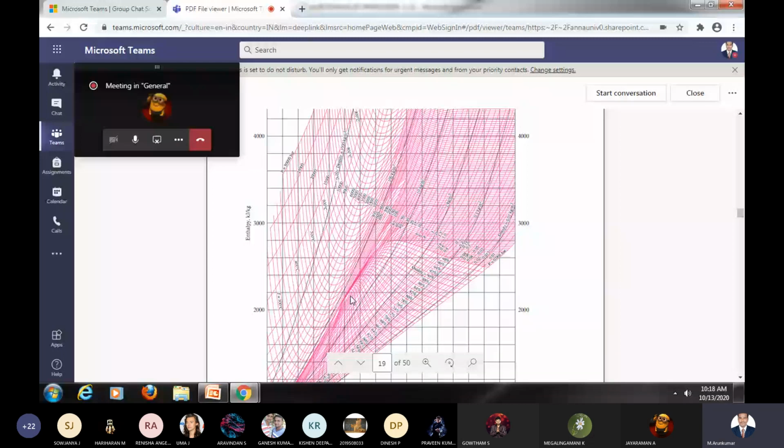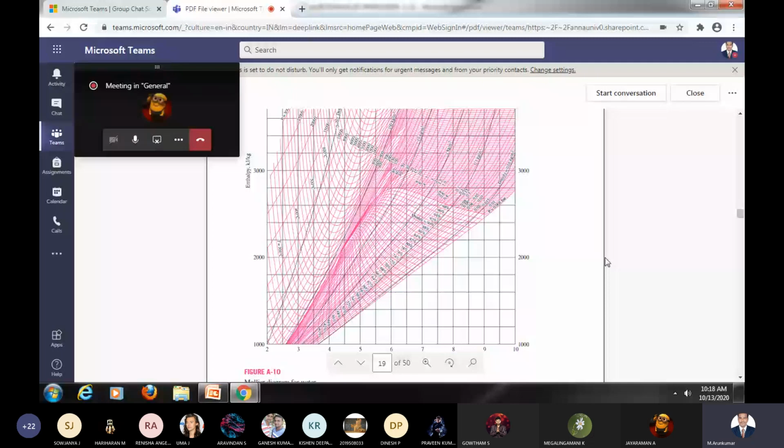This is your critical point. So the Euler chart also has a TS diagram. From these steam tables and charts, we can get the properties of our steam. We can refer to those properties to calculate any other problems.